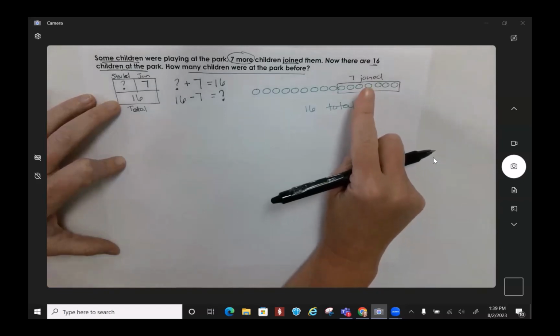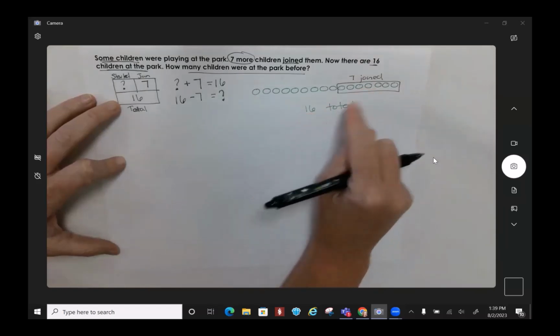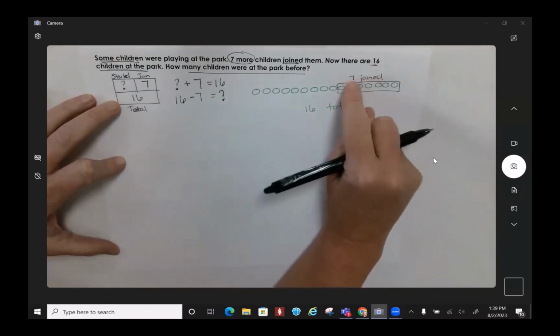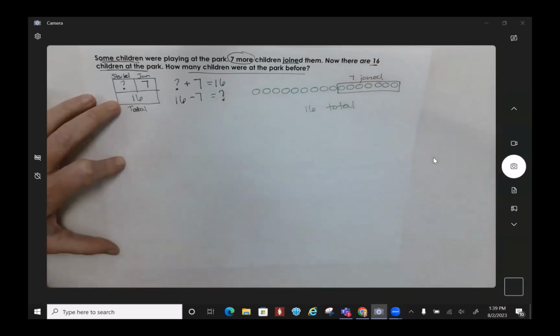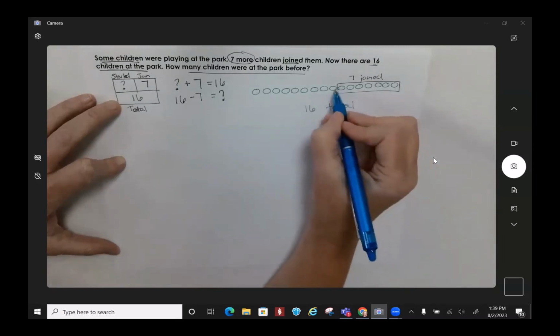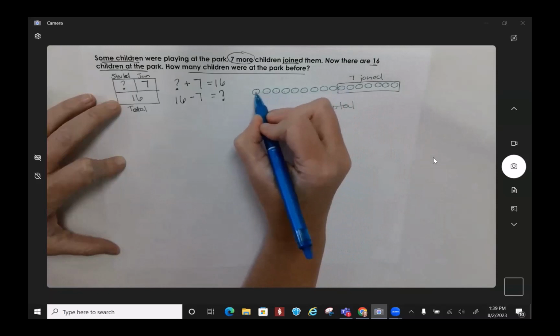So now I can see that 16, and if I take out the ones that joined, I'm left with the students that started in the park. So how many students started in the park? We have 1, 2, 3, 4, 5, 6, 7, 8, 9.